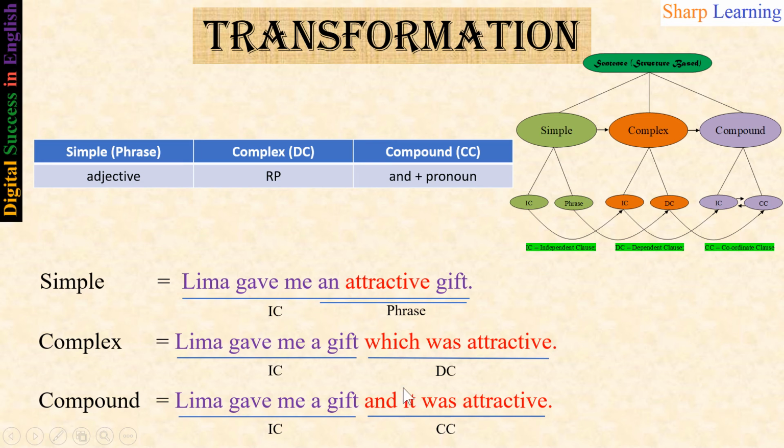These two parts, conjunction plus subject, have been used instead of which. In a simple sentence, you will get an adjective in the subject or object part, and that adjective you have to use for making DC and CC. For making DC, you have to use a relative pronoun, that means RP. For making CC, you have to use and plus a suitable pronoun, that we have made already.